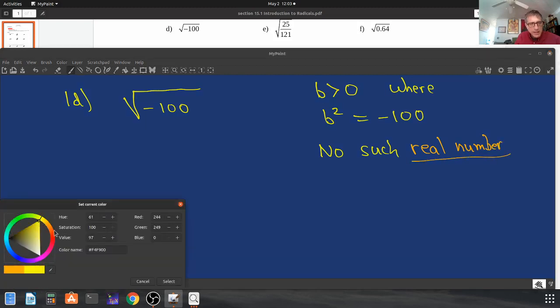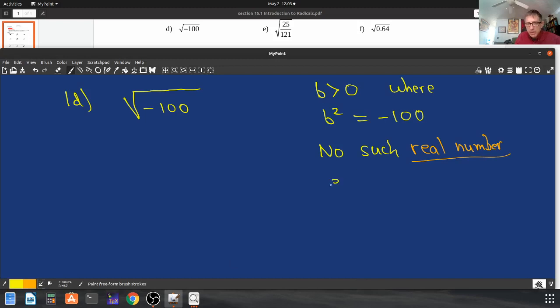For you guys, we're only talking about real numbers, but when you get to intermediate algebra, we'll actually find that this does have a square root, but it's not a real number. So you don't have to worry about this real number part right here, but we have to be accurate.